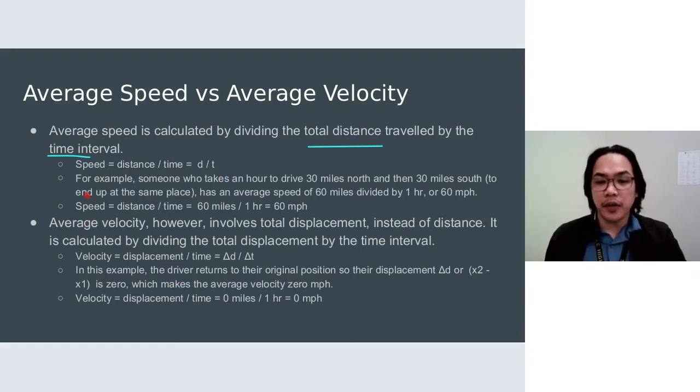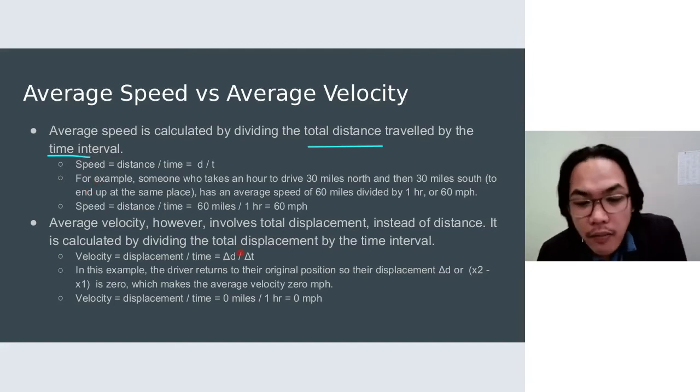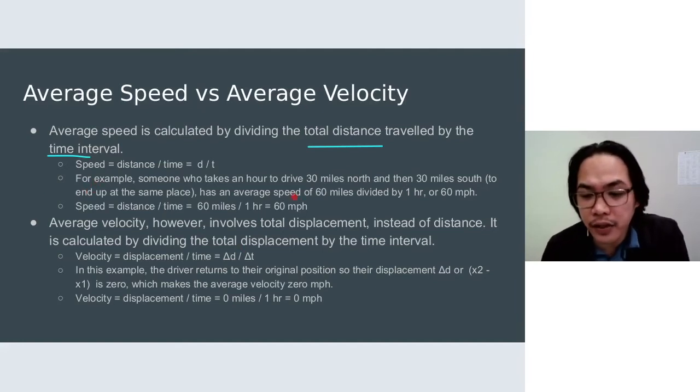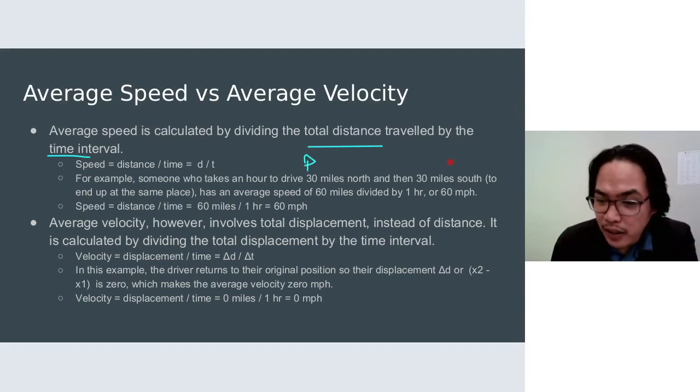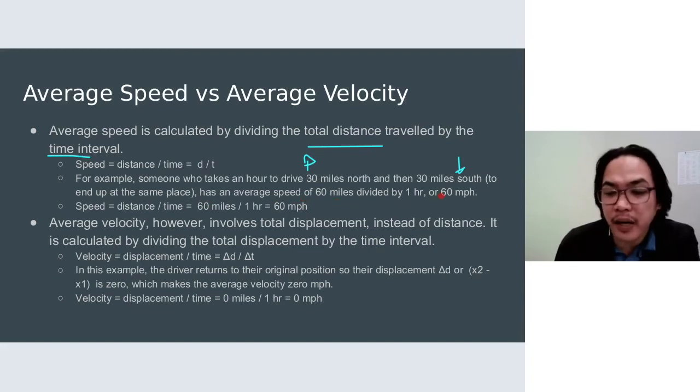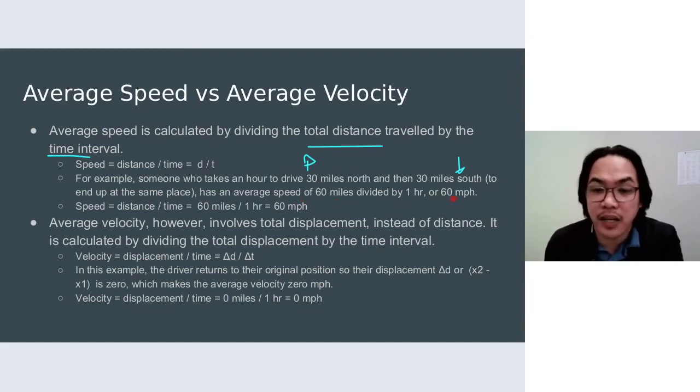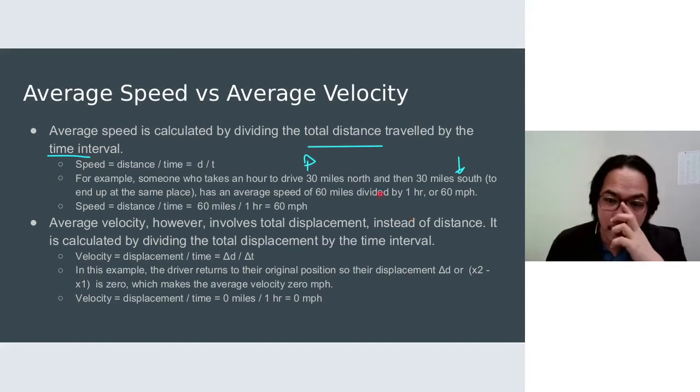For example, someone takes an hour to drive 30 miles north, the north is going up, and then 30 miles south. What does it mean? It just goes back to the same spot, ending up at the same place. The average speed is 60 miles divided by 1 hour. So your speed is 60 miles per hour. That's how simple it is.